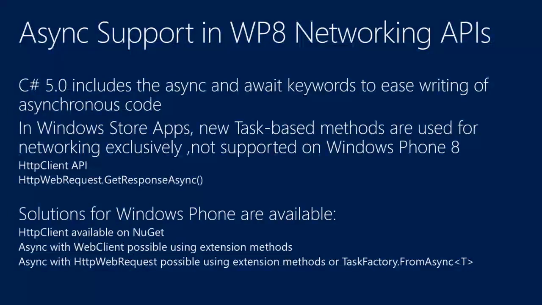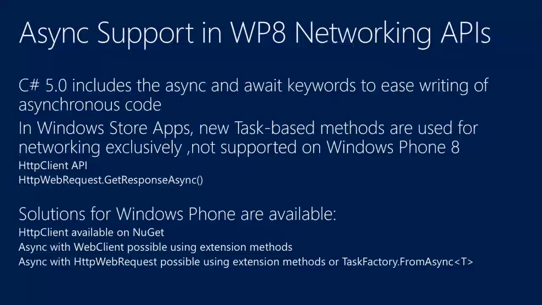So first of all, HTTP client API. There is an implementation of that was released last week. It's developed by the .NET Core CLR team, the .NET Framework team, and this HTTP client is available on NuGet, and that is supported on Windows Phone 7.1 and Windows Phone 8. If you're using it on Windows Phone 7.1, you need to add another NuGet package, the bcl.async, which gives you the async support.